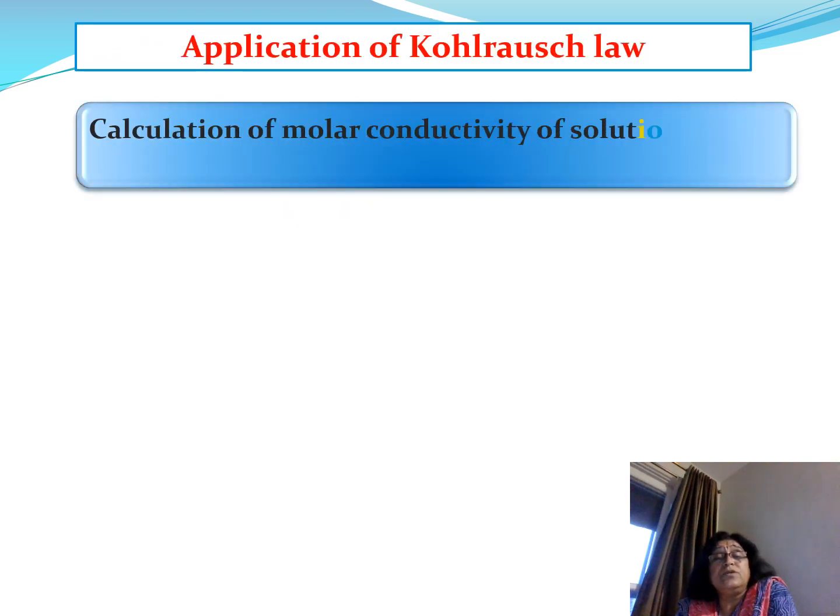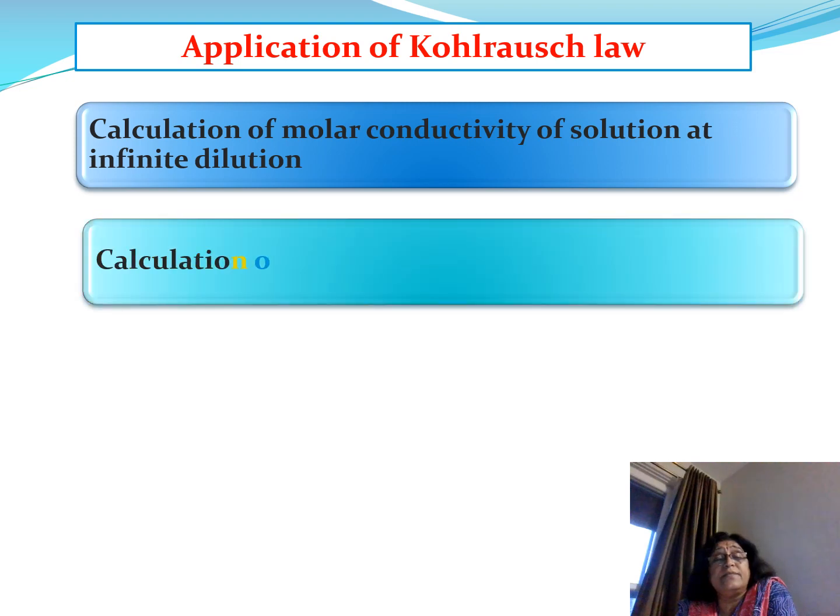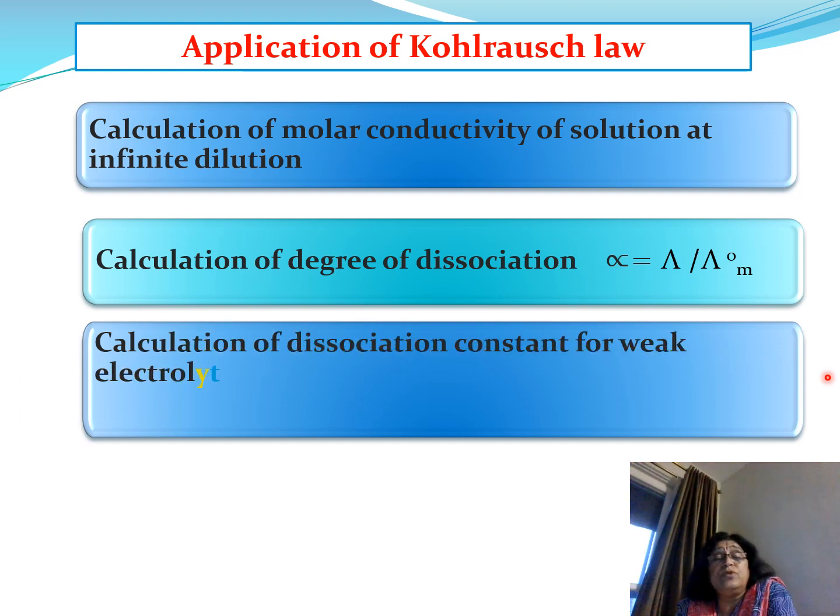So it is helpful in calculating the molar conductivity of the solution at infinite dilution for weak electrolytes. Then it can help you calculate the degree of dissociation using the formula alpha equals lambda upon lambda naught m. Alpha is the degree of dissociation, lambda is the molar conductivity at that concentration, and lambda naught m is the molar conductivity at infinite dilution. It helps you calculate the dissociation constant for a weak electrolyte.